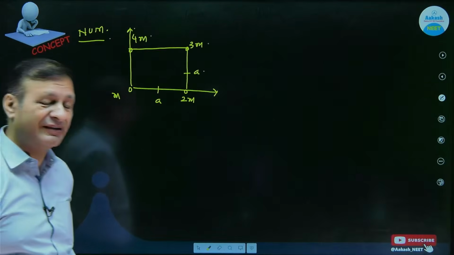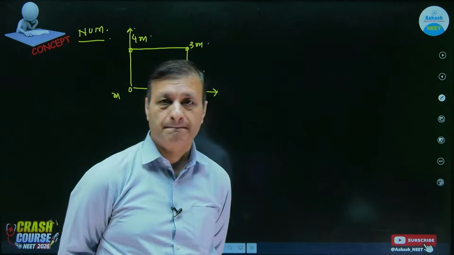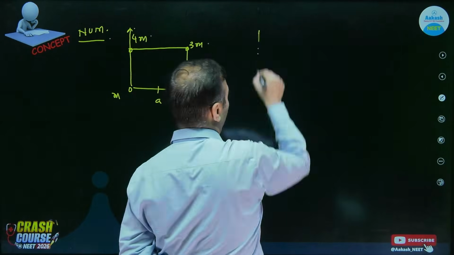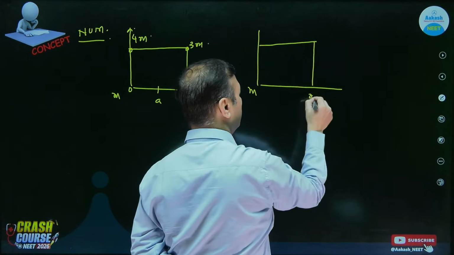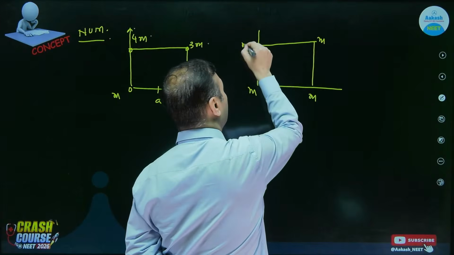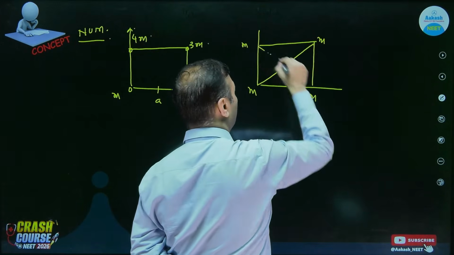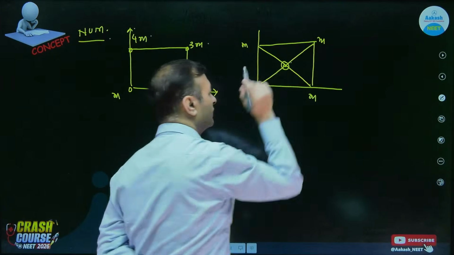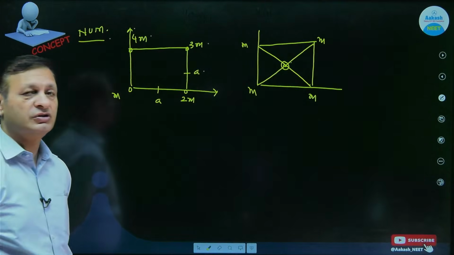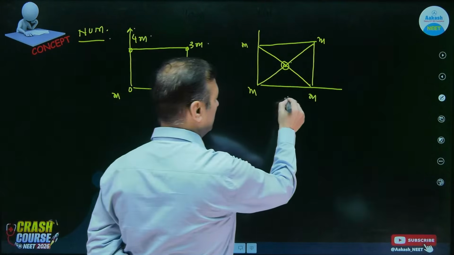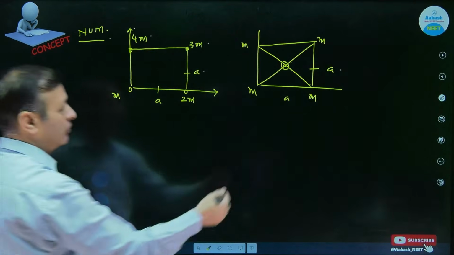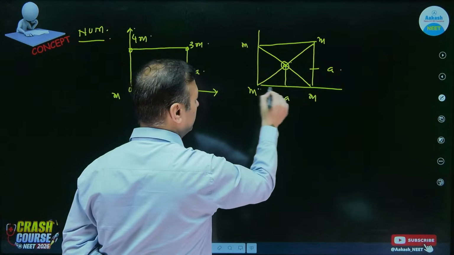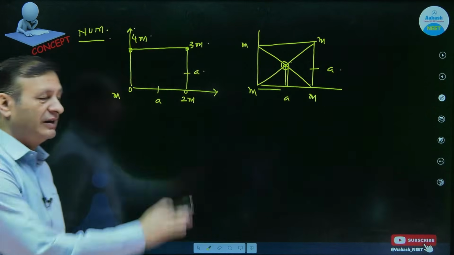Will it be the center of the square? Had it been like this, m, m, m, m, then center of mass would have been the intersection of the diagonals. So this is quite simple. Got it? Right? And you can easily say all these coordinates are a by 2 and a by 2. So that is quite easy.